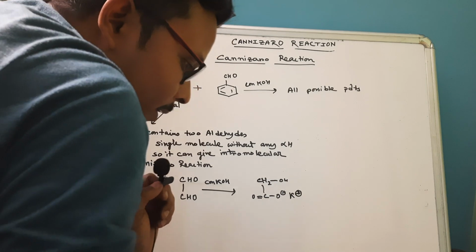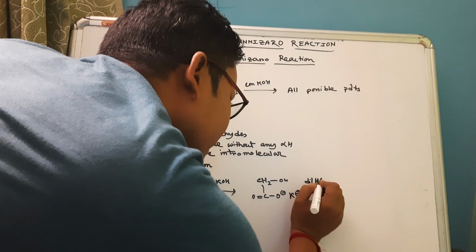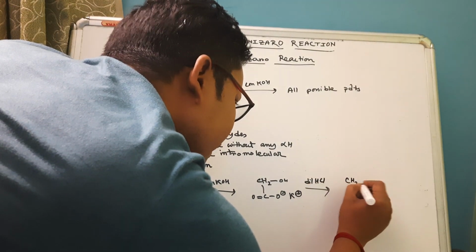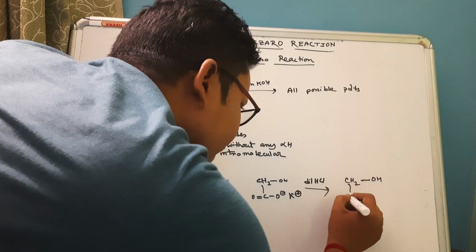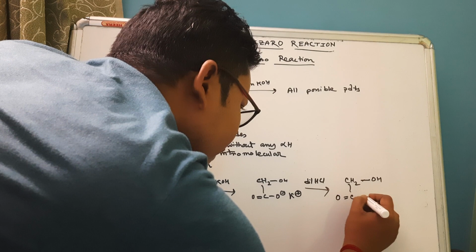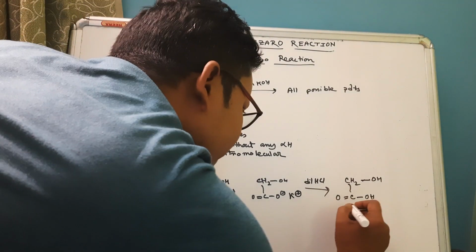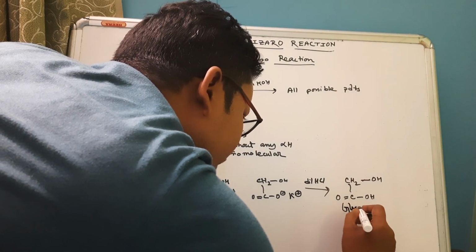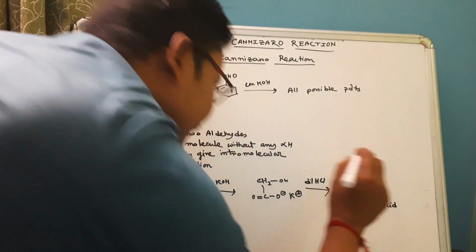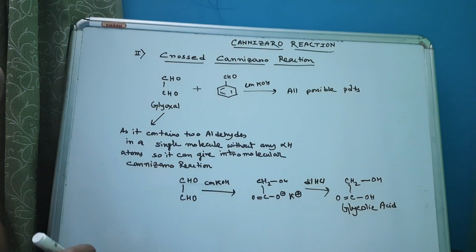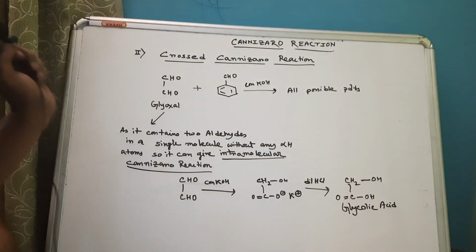Okay, and if you treat with dilute HCl, it will give CH2OH COOH, and this is known as glycolic acid. Okay, so this is the intramolecular Cannizzaro reaction.